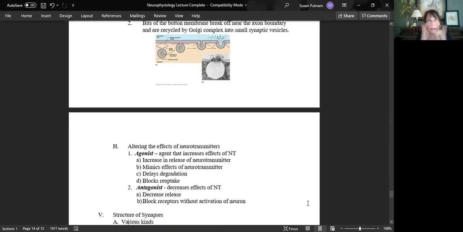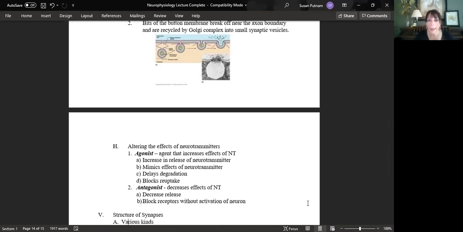Anyway, it can increase the release of the neurotransmitter. It can mimic the effects of the neurotransmitter, be close enough to the neurotransmitter that the neuron goes, oh, I know you. It can delay the degradation so that enzymes can't break the neurotransmitter down as rapidly.